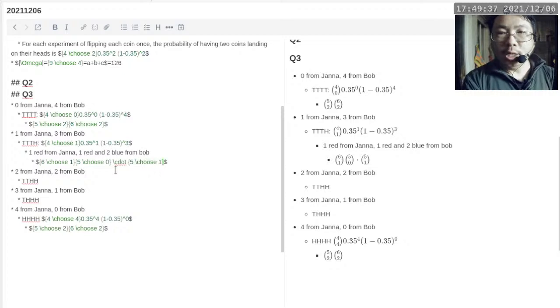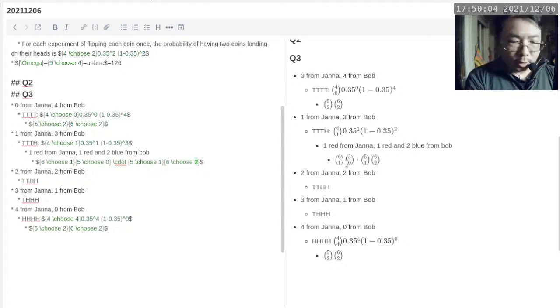So 5 choose 1, but we also need 2 blue marbles from Bob, so we are now choosing 2 out of 6 in this case. So this has to be multiplied because the way Jana is choosing the one red marble is completely independent to how Bob is going to get the 1 red and the 2 blue marbles.